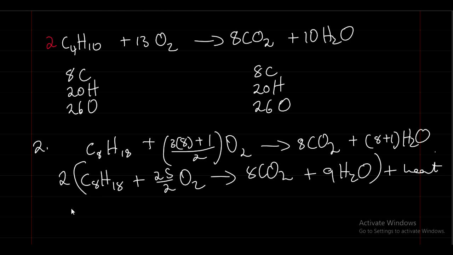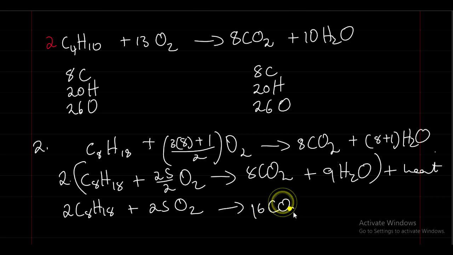So it will be 2C8H18 plus 2 multiplied by 1 over 2 is 1, so here I have 25 O2, giving us 8 times 2, 16 carbon dioxide, plus 9 times 2, 18 water molecules, plus heat.